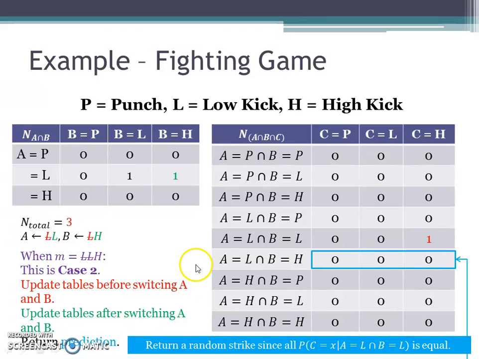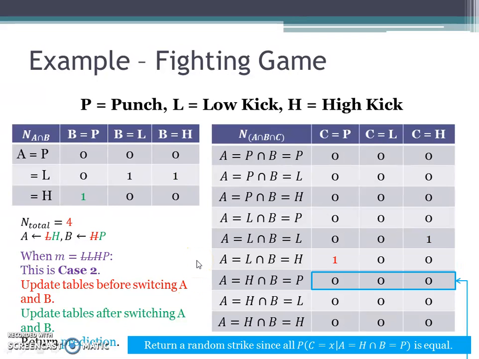Now let's see what happens when we get the 4th strike. So in the 4th strike, which is punch, again what happens is we are going to update the N total, which is now 4, and now this is obviously a case 2 because we have more than 2 strikes, and therefore before we actually update these 2 strikes A and B, we're going to first update the table.